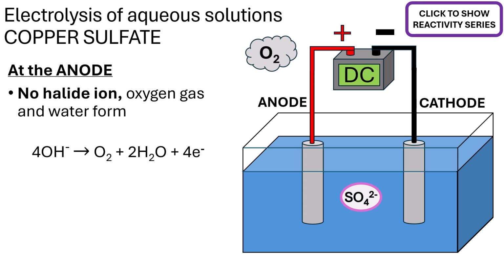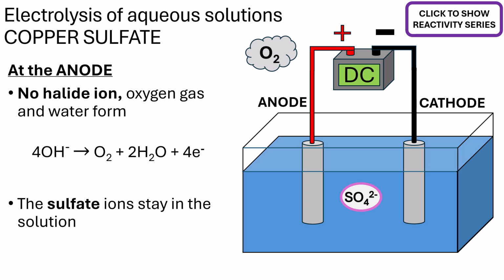So we need 4 hydroxides, and we break the 4 hydroxides up to form an O2 molecule and 2 H2O molecules, leaving 4 electrons to go from the anode through the circuit all the way over to the cathode, and they can be donated to the positive ions.